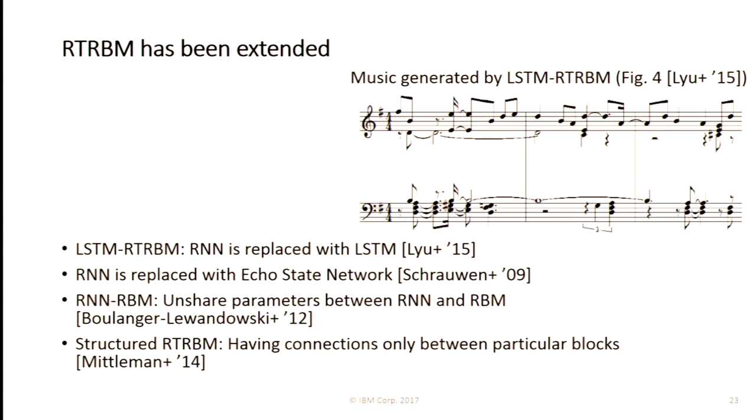Because the RNN is the same as the expected value of the RBM, the RNN and RBM share parameters. But you can unshare. I think this weight sharing is from historical reasons, and you can naturally unshare the parameters between RNN and RBM.